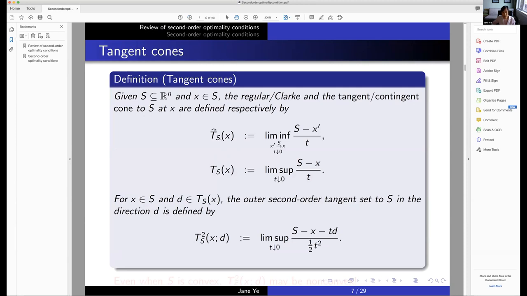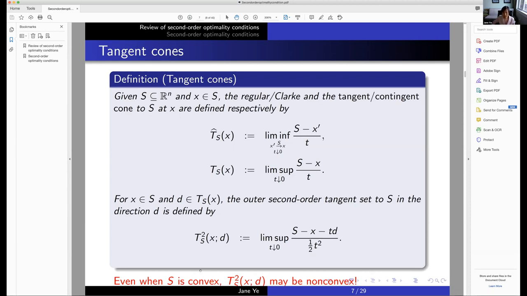The first kind, with the hat, is the so-called regular or Clarke tangent cone. The one without the hat is the tangent, or so-called contingent cone. And the outer second order tangent cone is defined by this, for each d in the tangent cone.